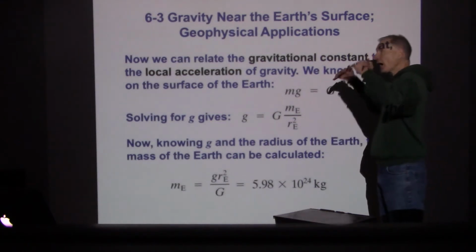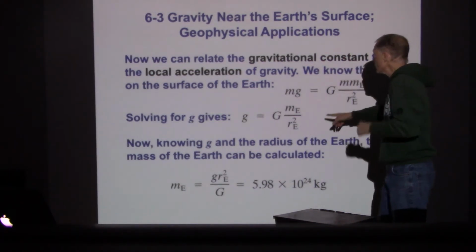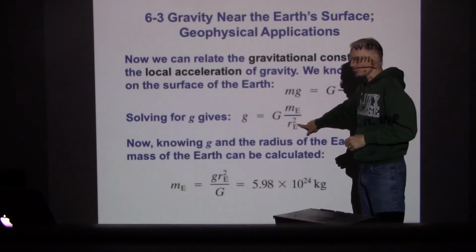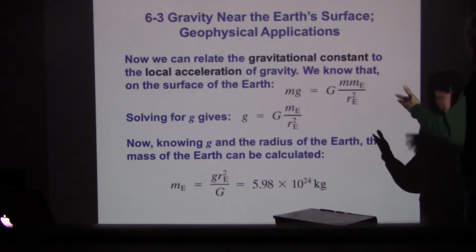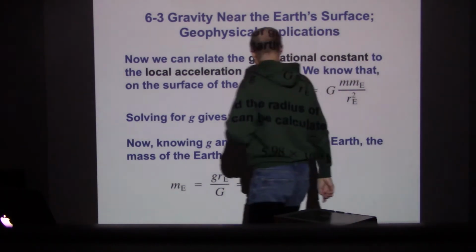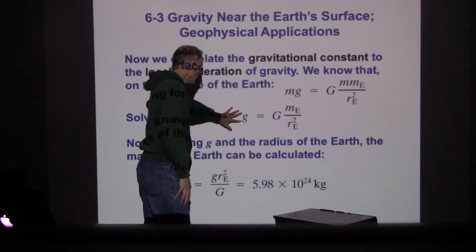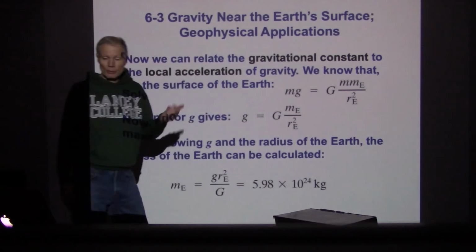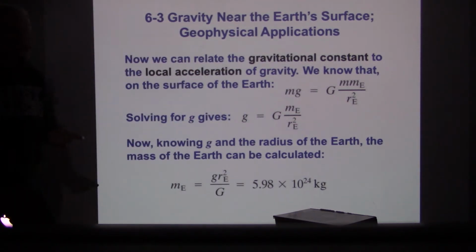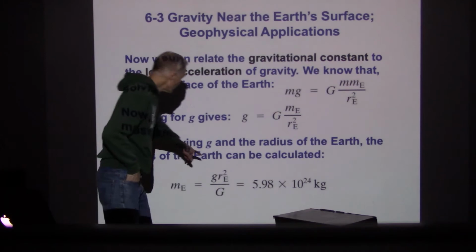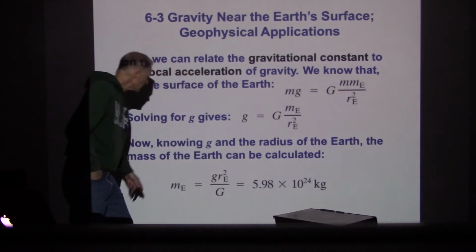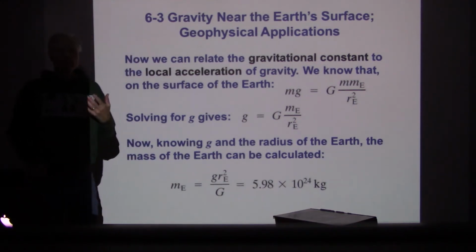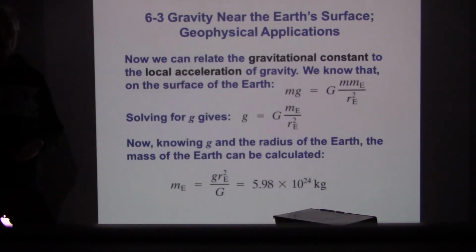If I'm out in space somewhere, that number could get to be much larger. Now, what they're saying here is we can turn this formula around. We can take the measured value of the gravitational field, the 9.80 we've talked about, and the measured radius of the Earth, and divide through by big G. This actually enables us to measure the mass of the Earth. And that's how this is done, right?